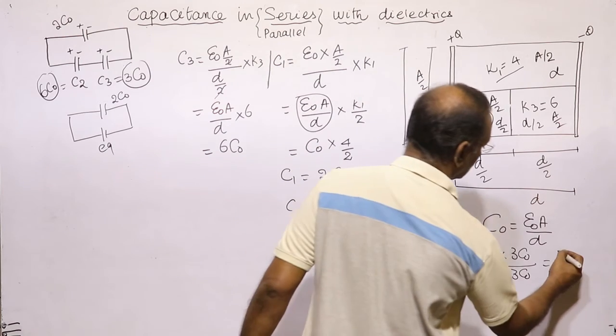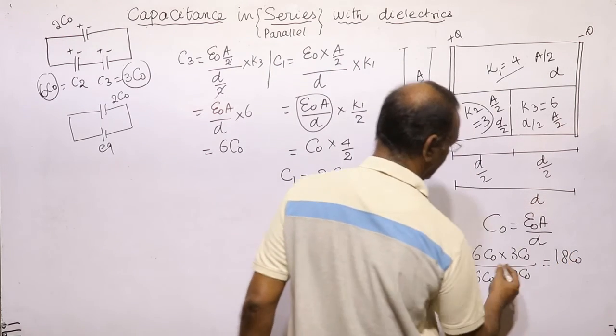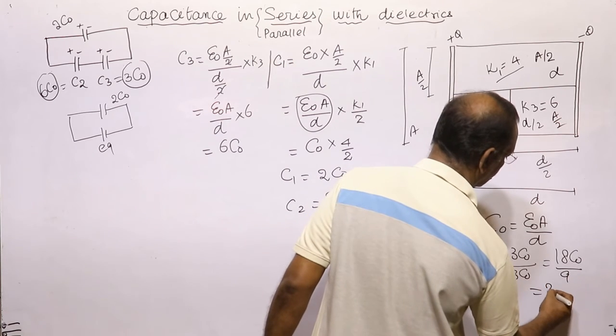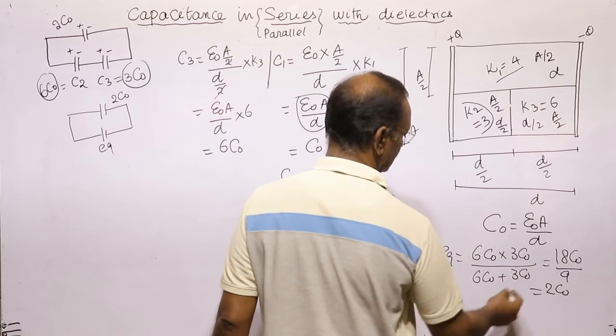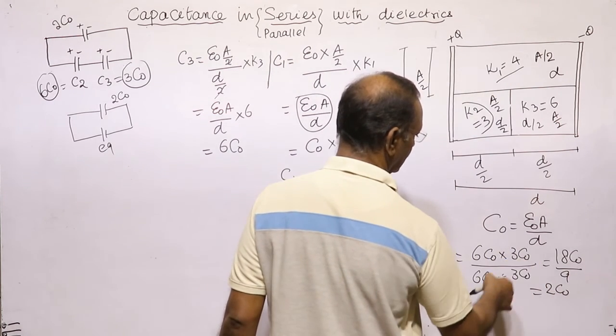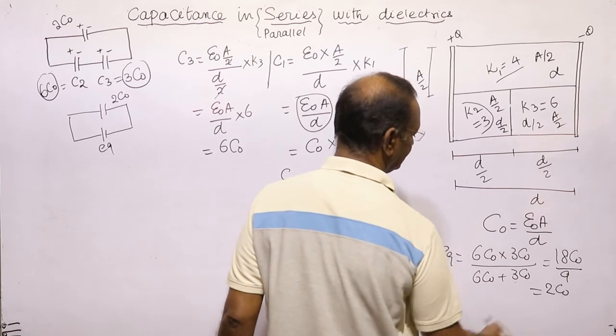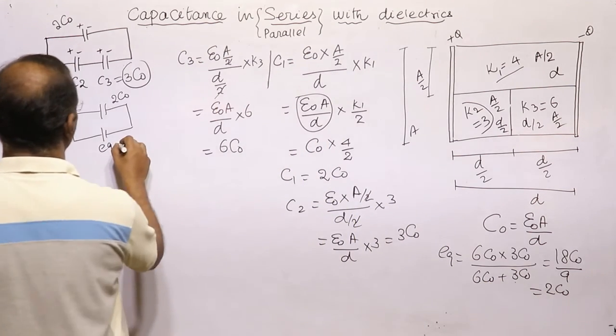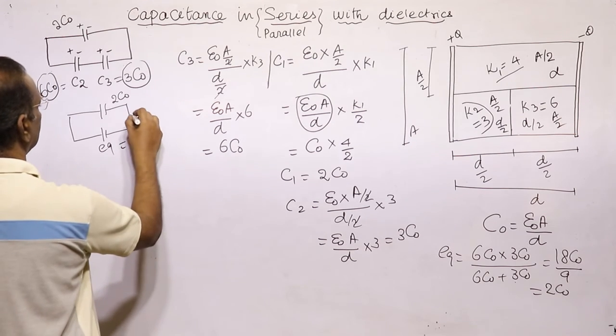That is 18 C naught squared divided by 9 C naught, which is 2 C naught, because C naught squared cancels, 6 plus 3 is 9, 6 into 3 is 18. So C equivalent is equal to 2 C naught.